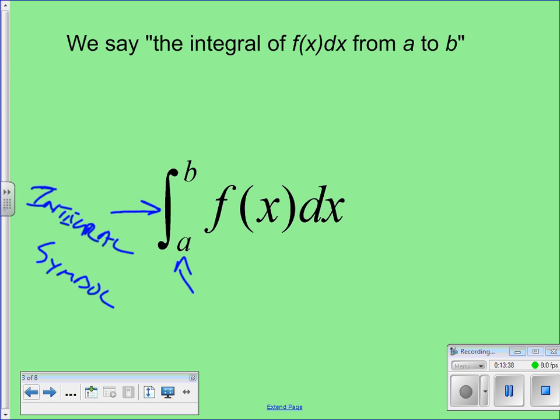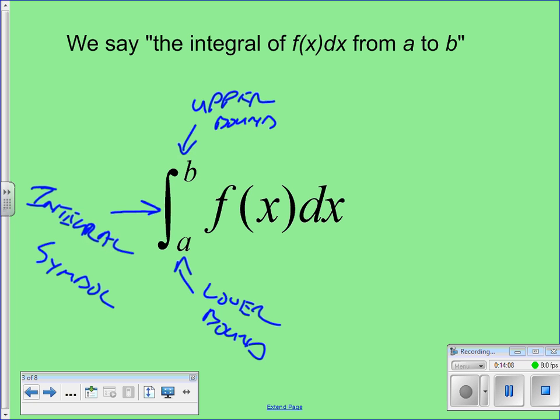This number down here, whatever it is, is our lower bound. And we always go from our lower bound to our upper bound. Always from the bottom to the top. Always from a to b.